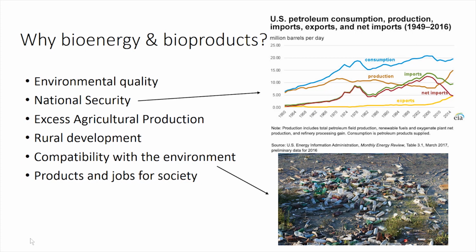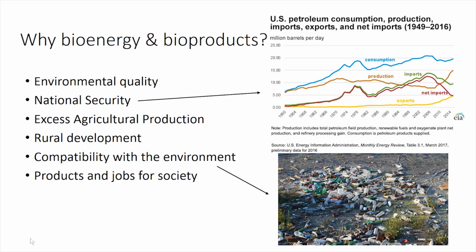We also have excess agricultural production lands and rural areas that we want to develop and use to the benefit of the United States. We already talked a little bit about compatibility with the environment, and I'm showing a picture on the bottom of synthetic plastics that are oil derived, and how they persist in the environment and stay as litter.